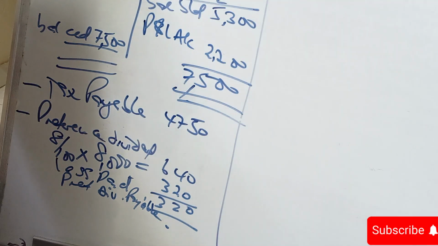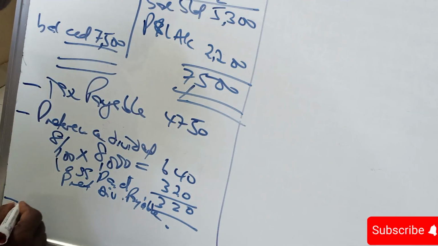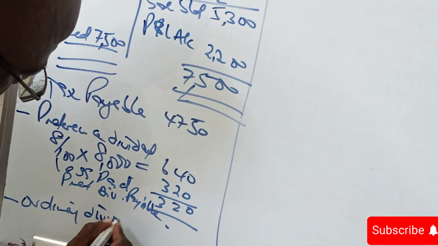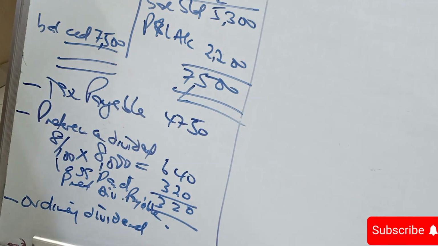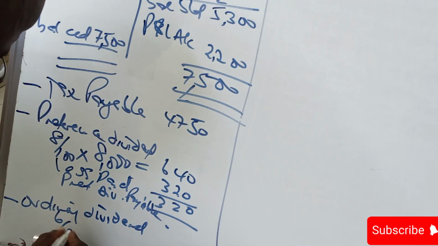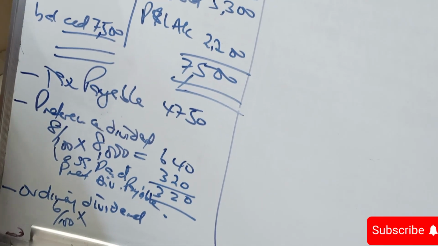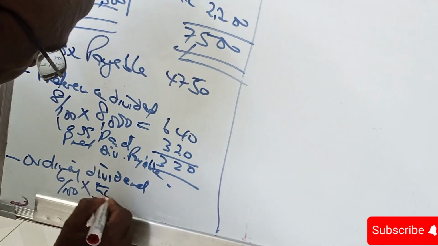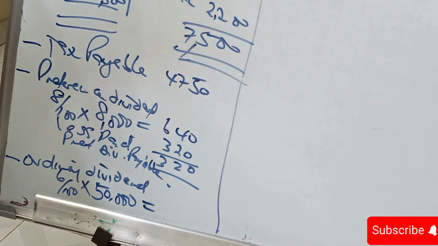And then you are told a first and final dividend to ordinary shareholders at the rate of 6%. So the ordinary dividend is 6% times the ordinary share capital of 50,000. 6% of 50,000 gives a figure of 3,000.